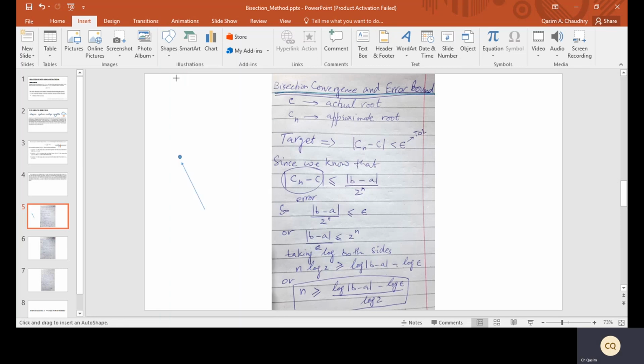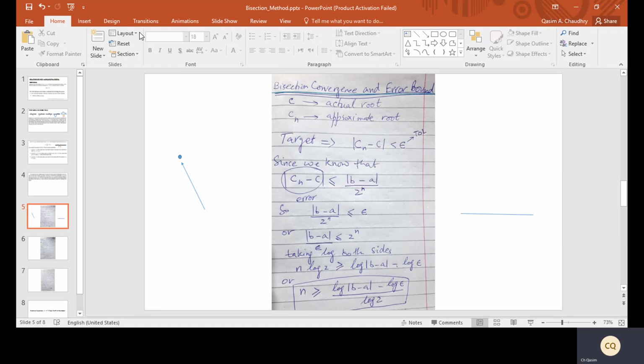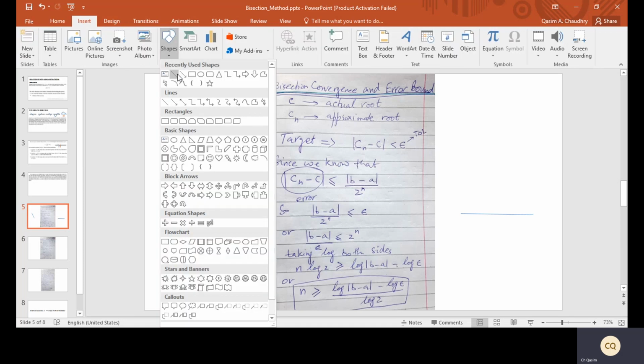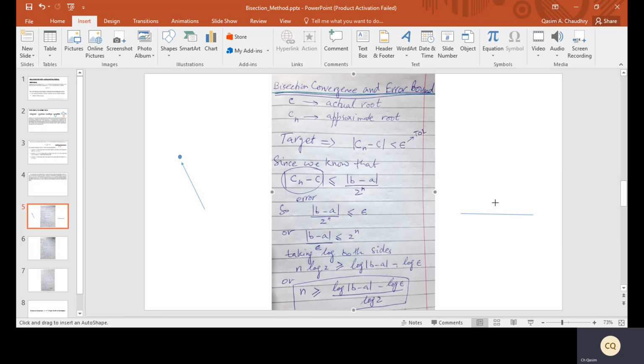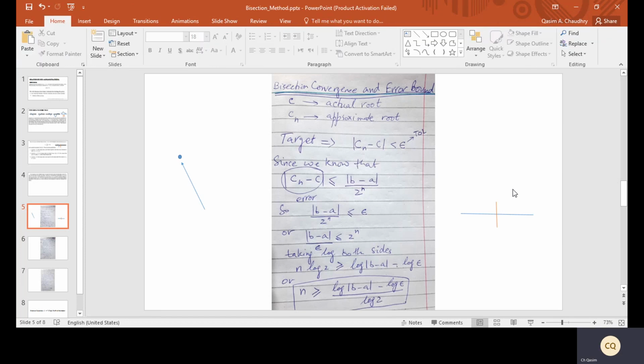Students, let me draw one line and take one value. Now I am going to make it half, meaning n is equal to 1. Maybe this is not a good half, but let's say this is half. So students, this is your half interval.